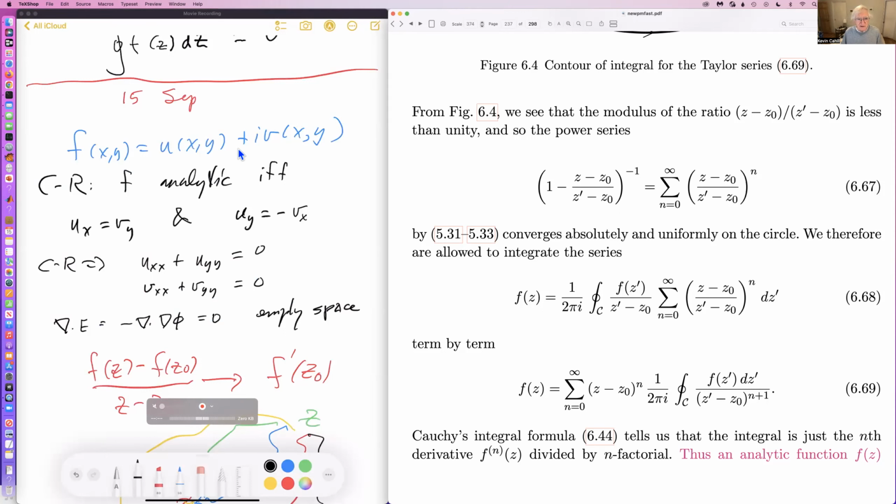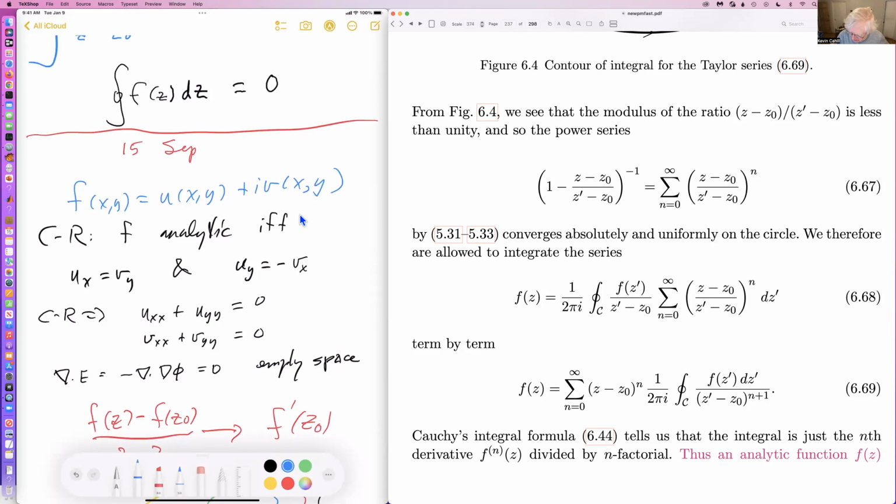We write its real and imaginary parts like this, and it's analytic if the Cauchy-Riemann conditions are satisfied, which are that the x derivative of u is the y derivative of v, and the y derivative of u is minus the x derivative of v. This subscript notation means that this is equal to minus partial v partial x, and this is partial u partial y. So that's what the subscripts mean.